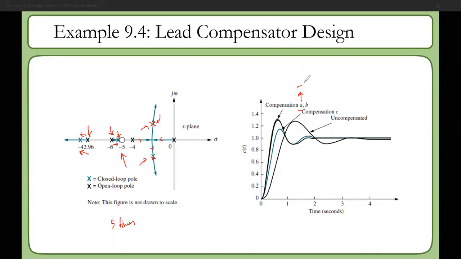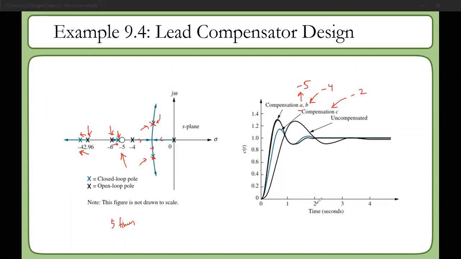Next one we are placing at -4, and the other one at -2. So three different locations, and as you can see, compensator 3, which is at -2, deviates from the other two. The other two are more appropriate for the results that we are looking for.